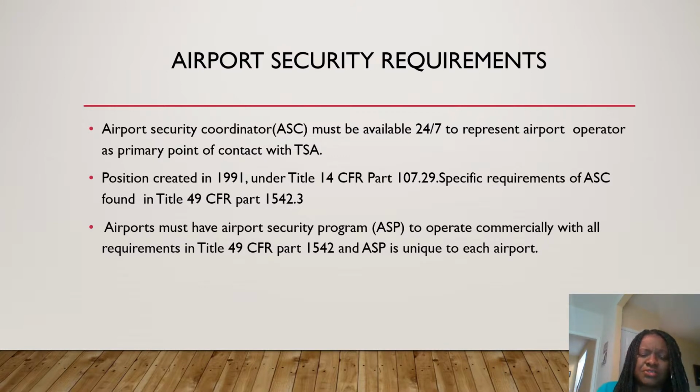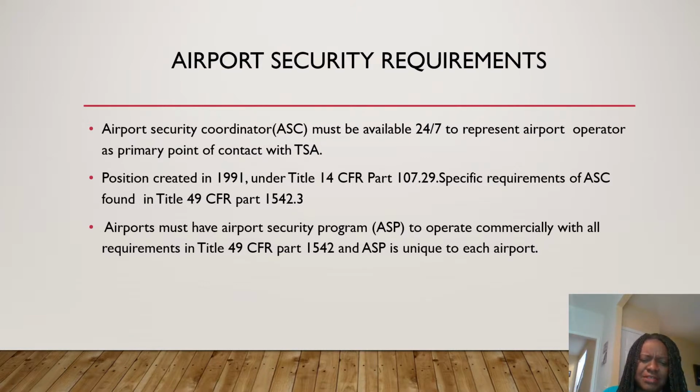This position was created in 1991 under the previous regulation in Title 14 CFR Part 107.29. It gives you the specific requirement for the ASC. Airports must have an airport security program to operate commercially, with all requirements in Title 14 CFR Part 154, 154.2.